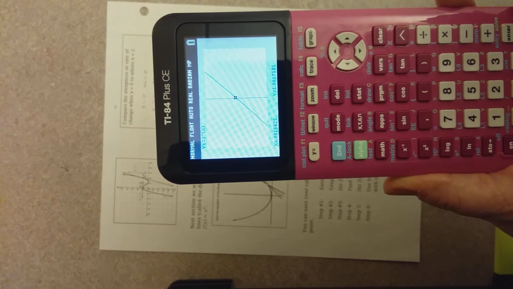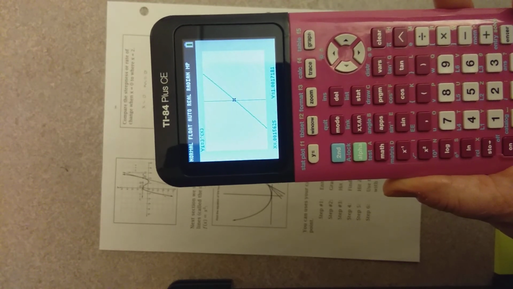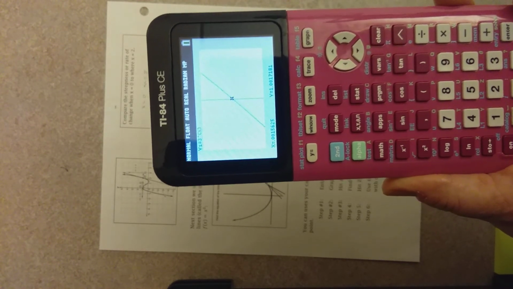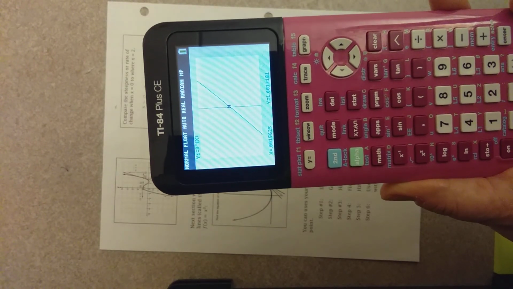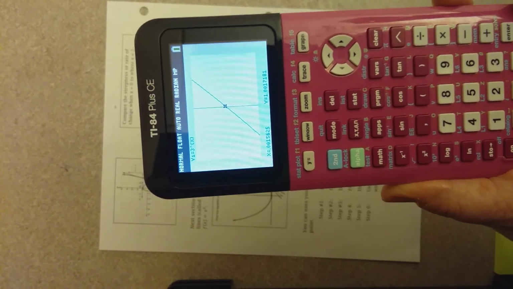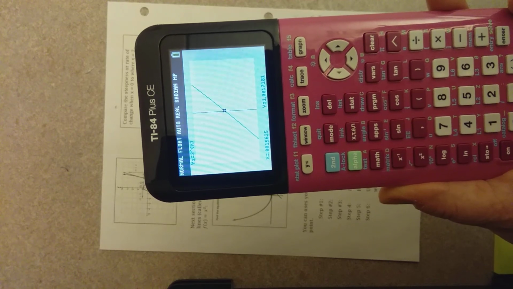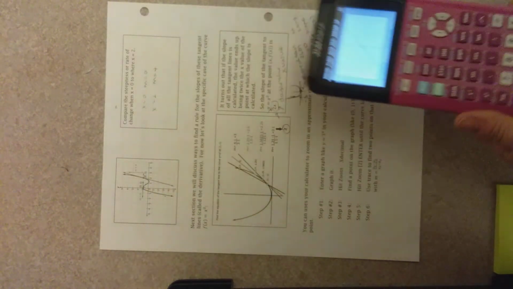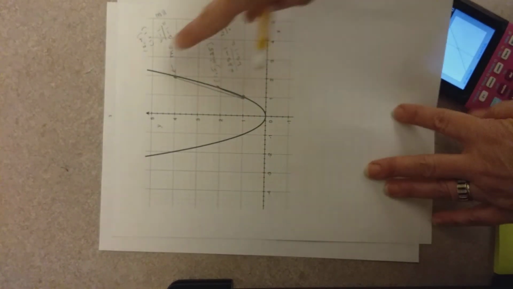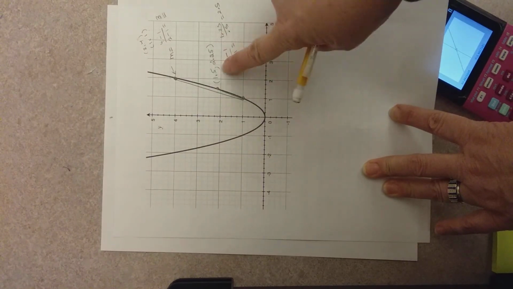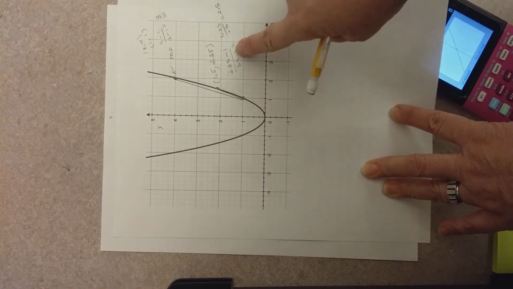So if I did that, I could subtract my y values, subtract my x values, and get a slope of the curve approximately by using my graphing calculator. So it's doing the zooming in for me, and it's getting these points that are closer and closer so that I can do a calculation.